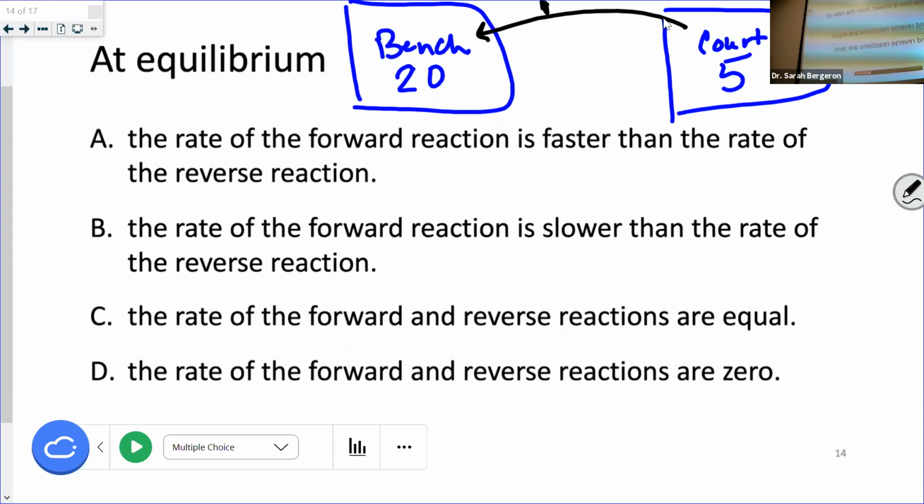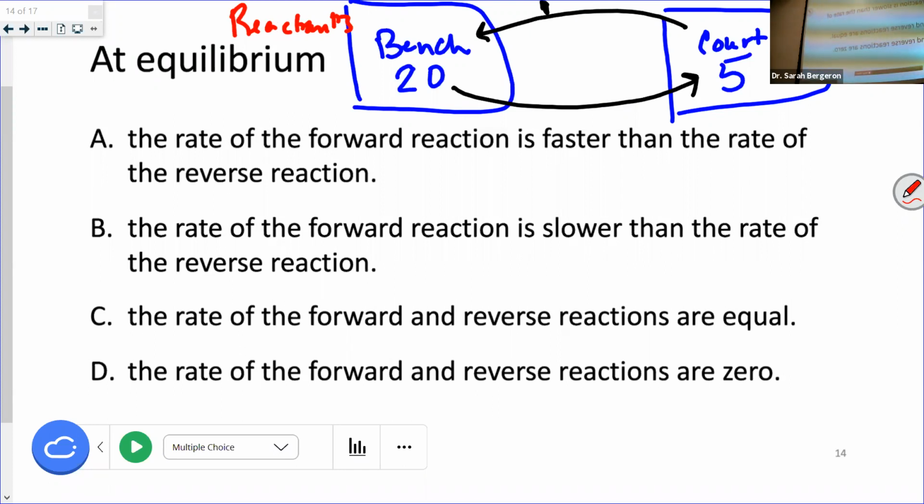One person gets off the court and goes sits on the bench, what's going to happen at the same time? Somebody's going to go from the bench to the court, right? So this is an equilibrium. There's an equilibrium between the court and the bench. So what is the bench analogous to? Reactants. And what's the court analogous to?